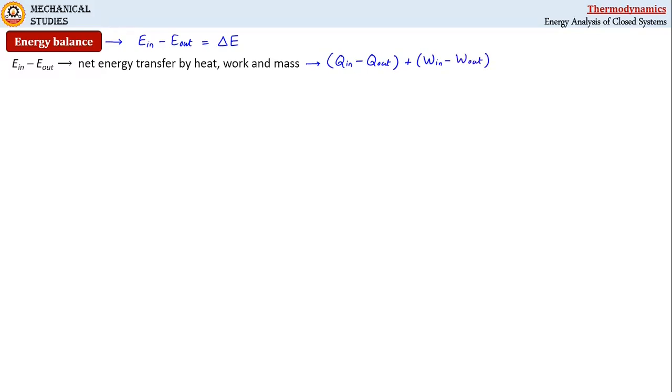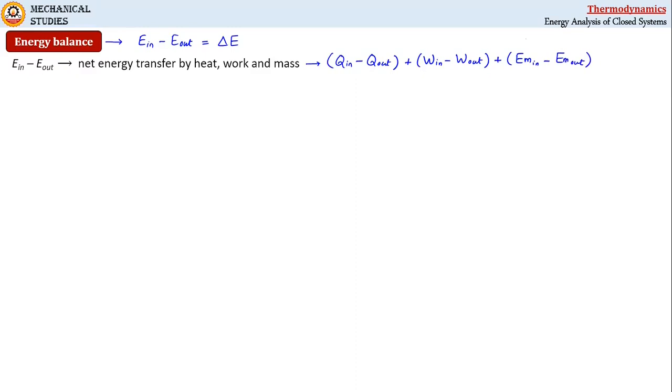Now remember here, left hand side of this energy balance, that is E in minus E out, represents net energy transfer by heat, work and mass, and which is given by net heat transfer, that is Q in minus Q out, plus net work transfer, that will be written as W in minus W out, plus net energy transfer by mass, so that will be written as E_m in minus E_m out.